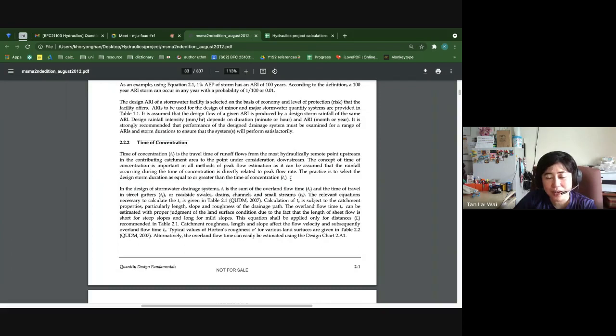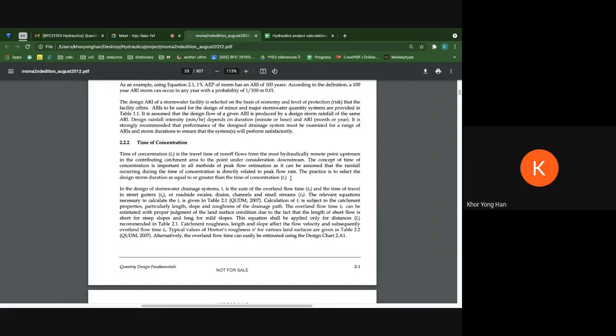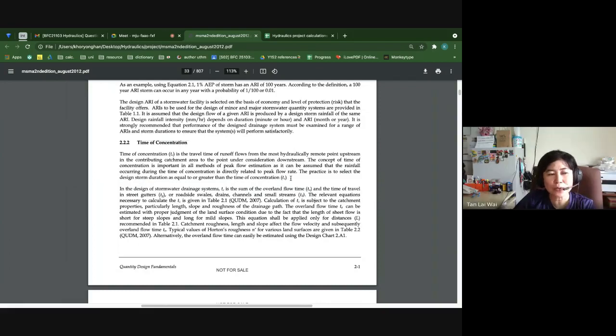So, do you still remember in your rational method you have Q equals CIA, and in your I formula, you have a duration variable there? Yes. D, right? So now do you know your D should be equal or greater than TC?